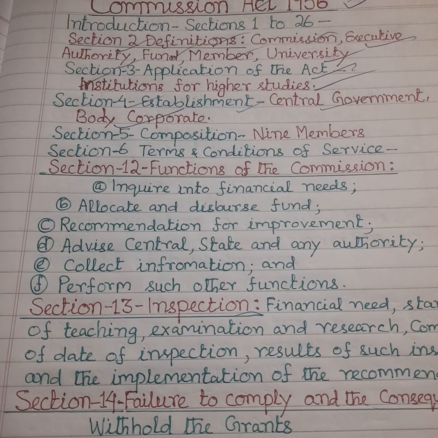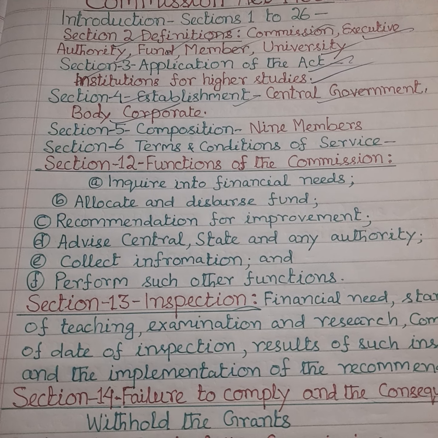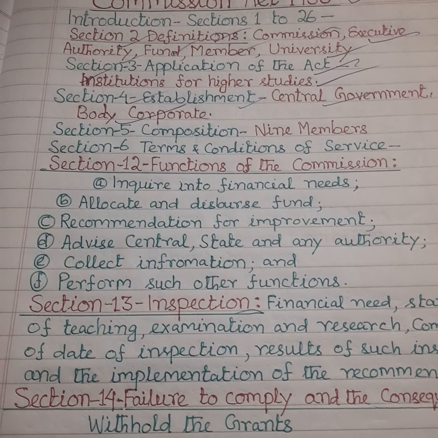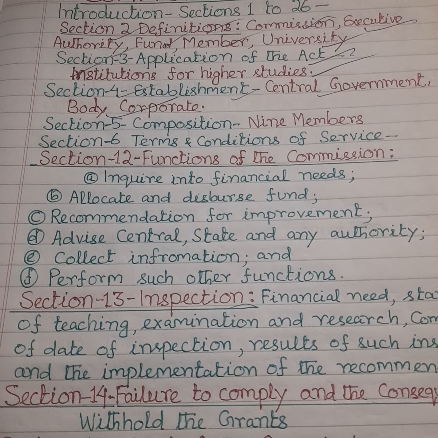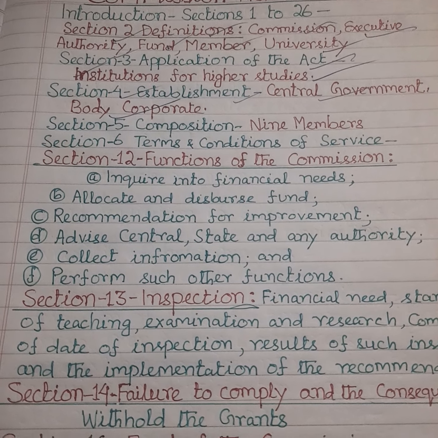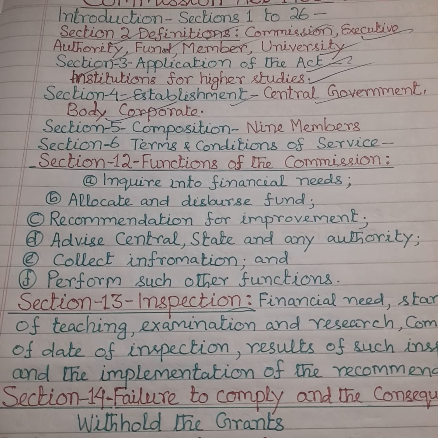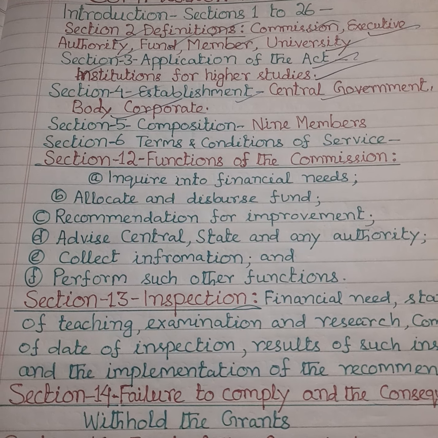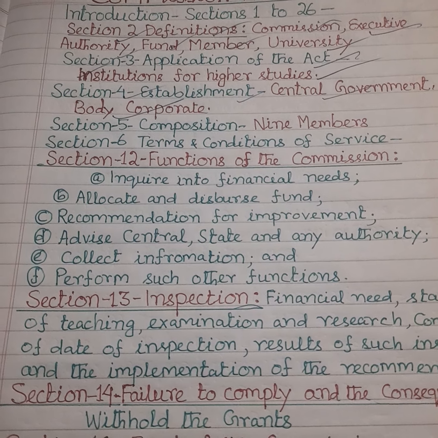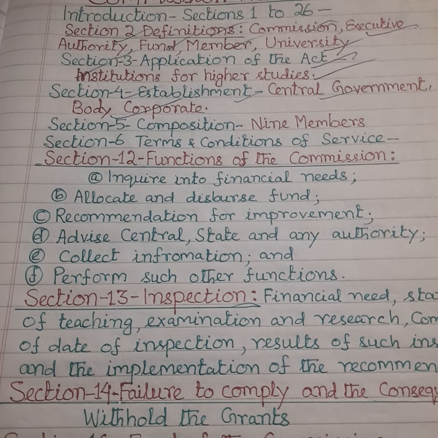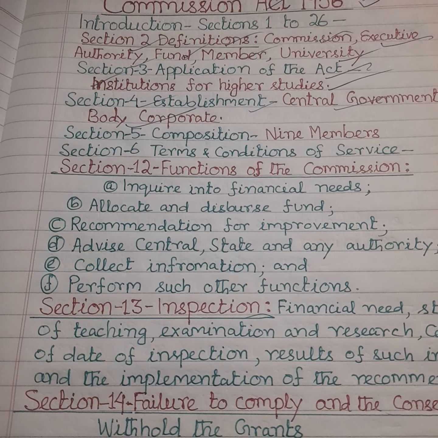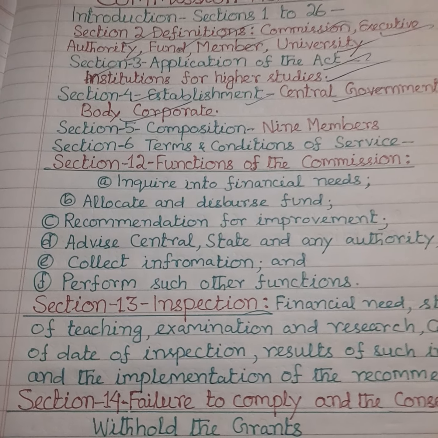There shall be established a commission by the name of the University Grants Commission by the central government. The said commission shall be a body corporate having perpetual succession and a common seal, and shall by the said name sue and be sued.